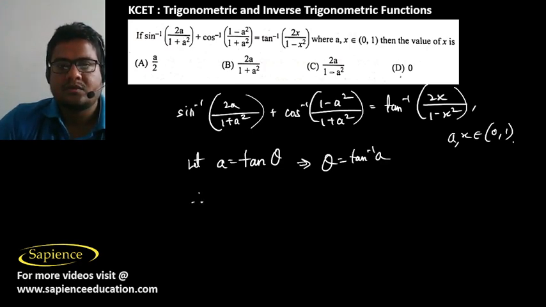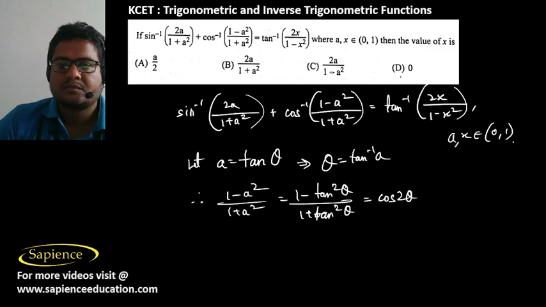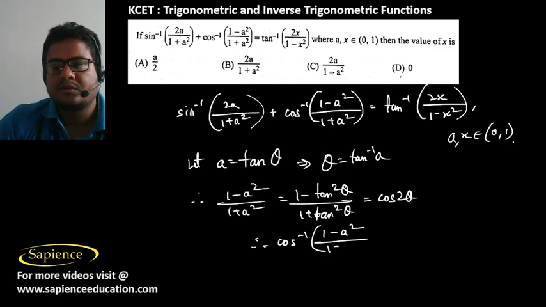Now 1 minus a square by 1 plus a square will be equal to 1 minus tan square theta by 1 plus tan square theta, which is equal to cos 2 theta. So cos inverse of 1 minus a square by 1 plus a square is equal to 2 theta, which is 2 tan inverse a.